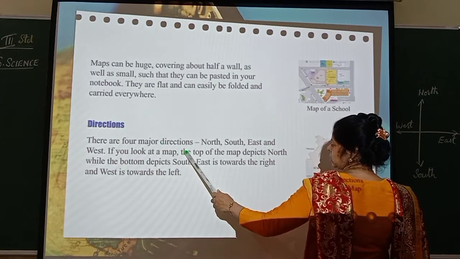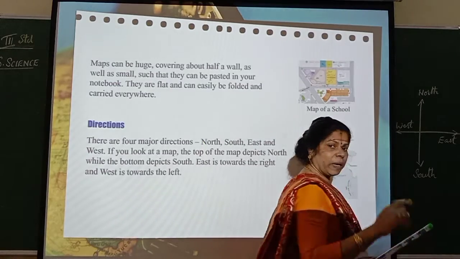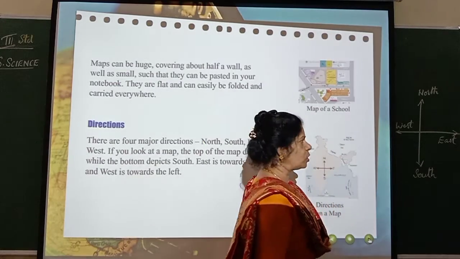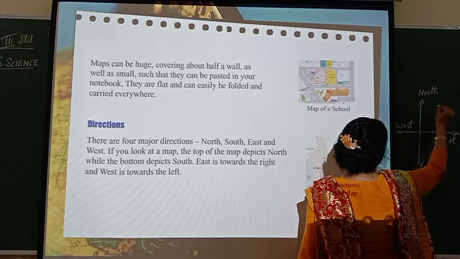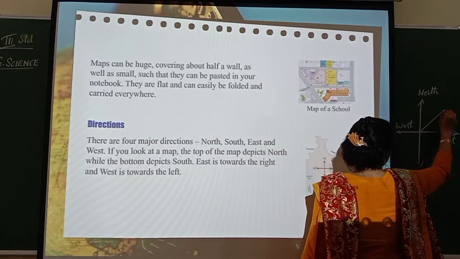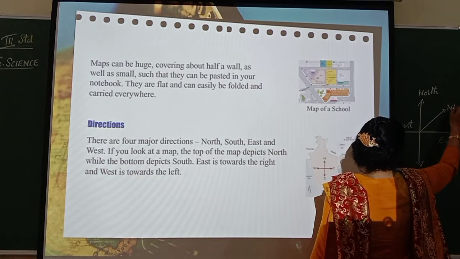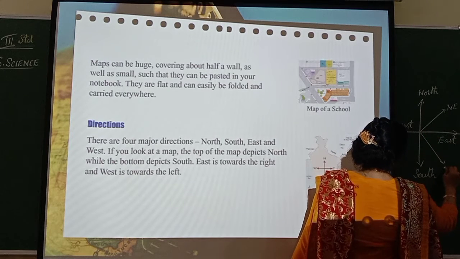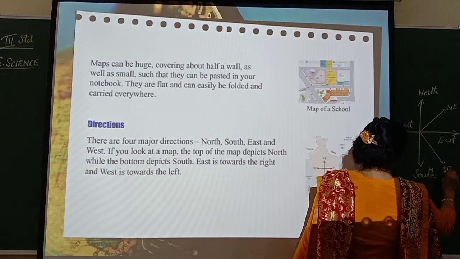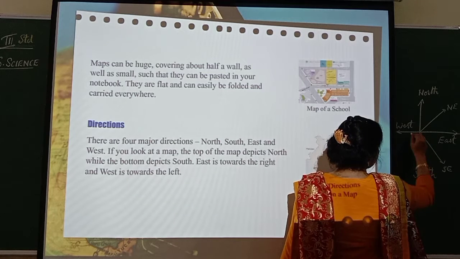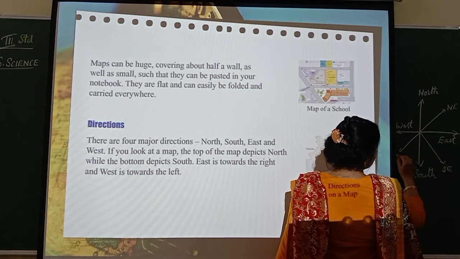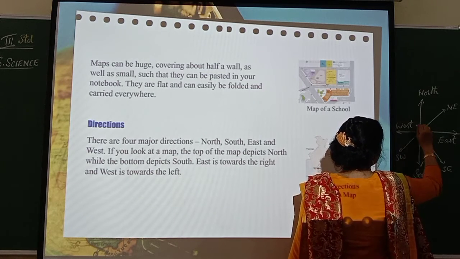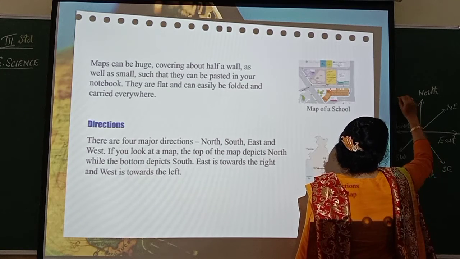There are 4 major directions, and in between there will be sub directions also. In between north and east it will be northeast. In between east and south, it will be southeast, between south and west southwest, and between north and west northwest.